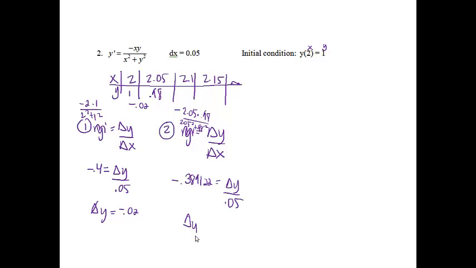If I cross multiply, this time delta y is equal to negative 0.019. So we subtract 0.019 from the 0.98, and I get 0.961.